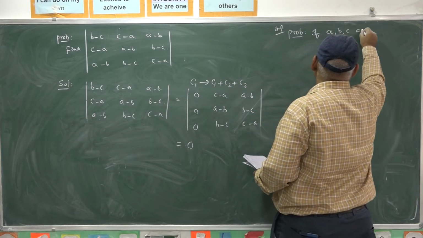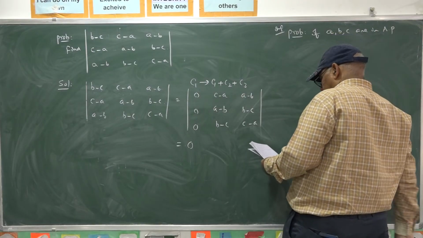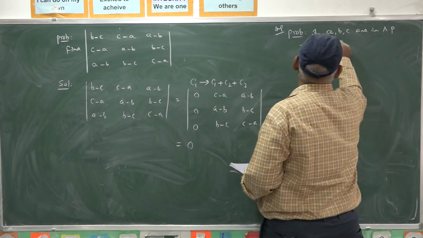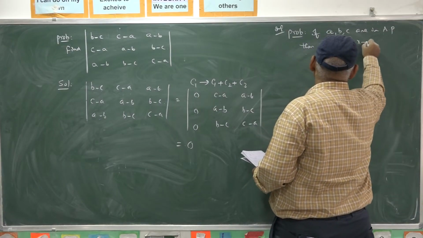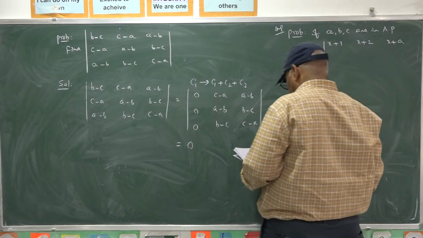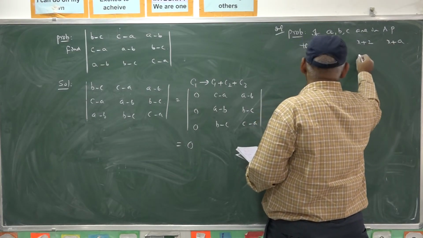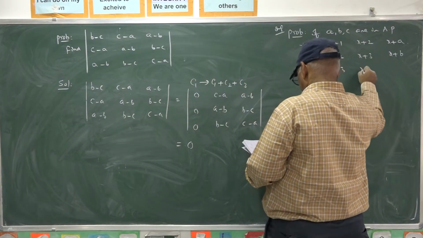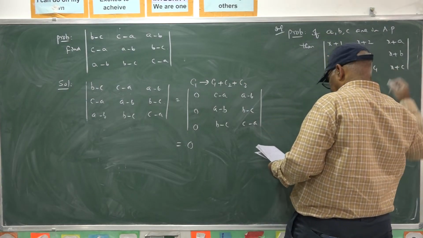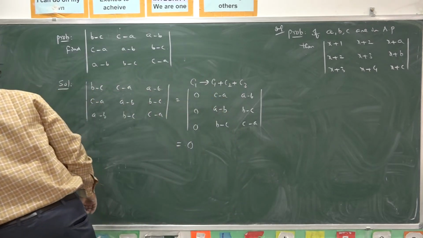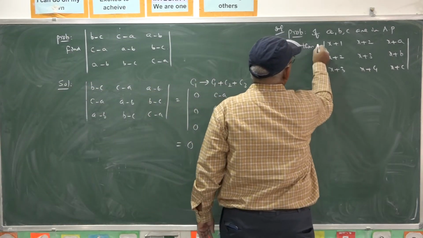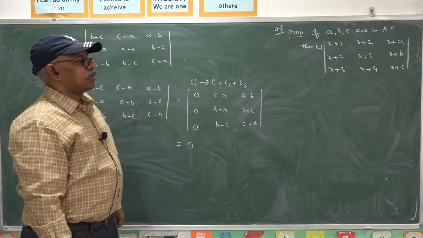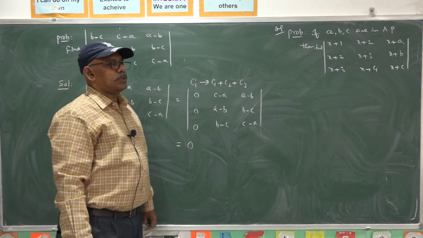If a, b, c are in AP, arithmetic progression, then find the value of the determinant with first row x plus 1, x plus 2, x plus a; second row x plus 2, x plus 3, x plus b; and third row x plus 3, x plus 4, x plus c.